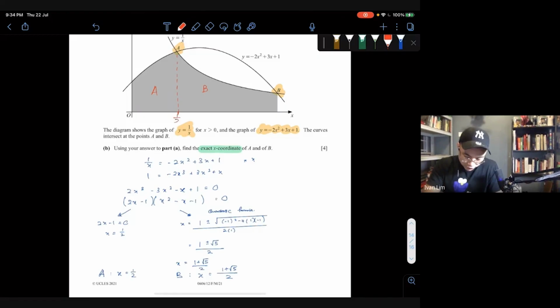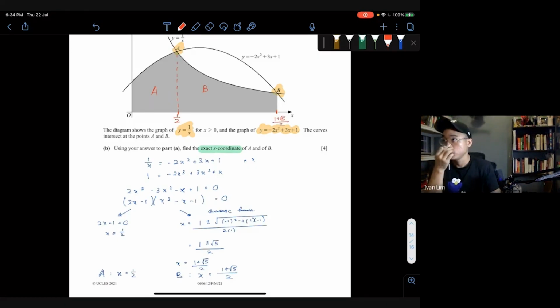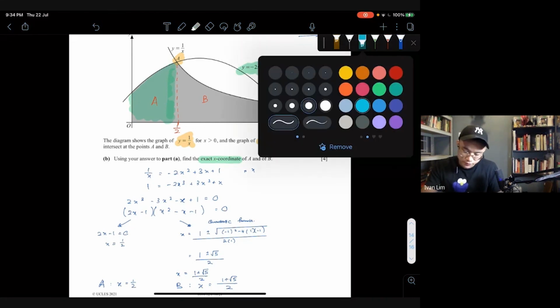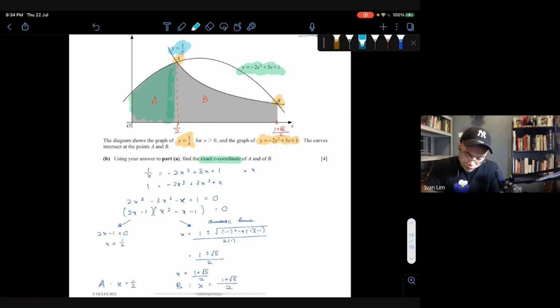This was half. This one was 1 plus root 5 over 2. This part here belongs to which graph? Area under which graph? This equation, right? Then this one is area under this graph. Literally under the graph.